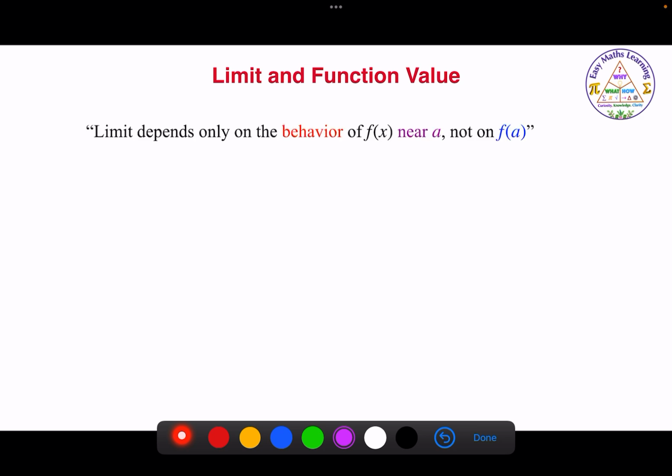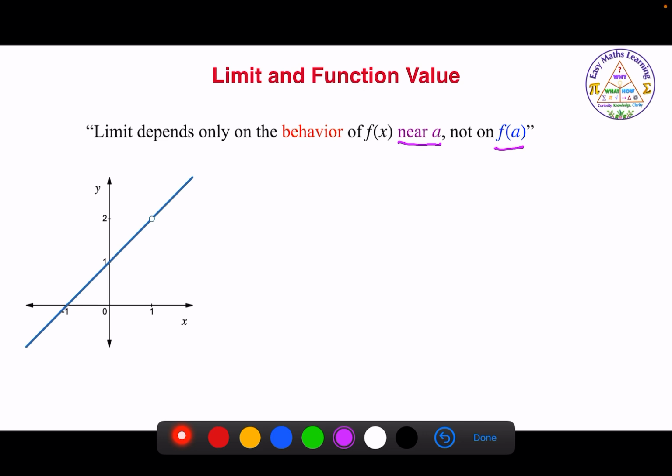As we know, the limit depends on how the function behaves near the point a, not exactly at a itself. The function may be defined at a, or may not be defined at a, but the limit tells about the nearby behavior of the function. Let's compare the limit value and the function value.